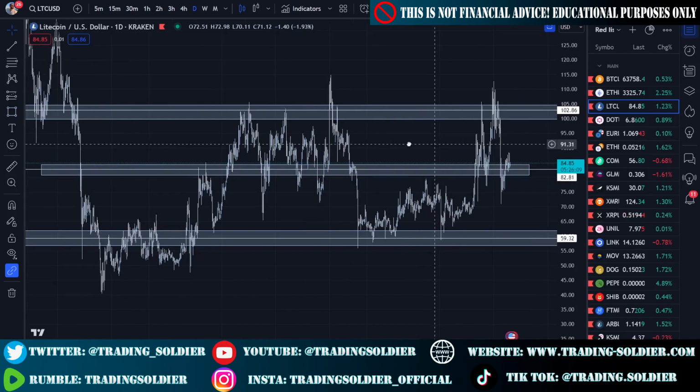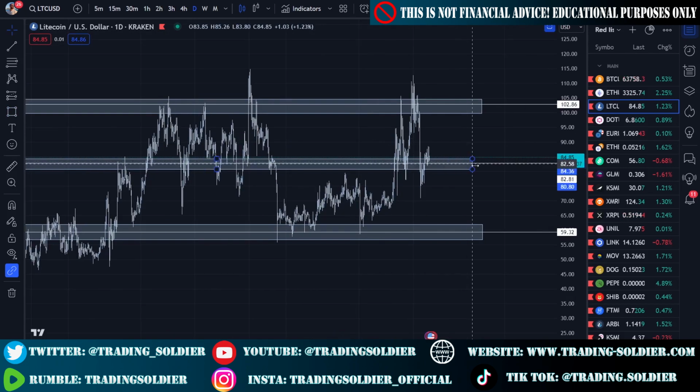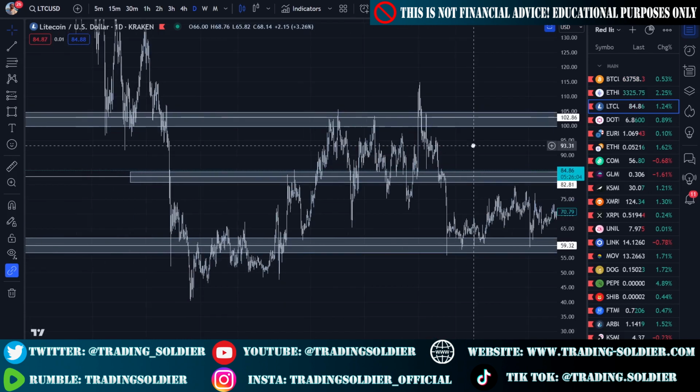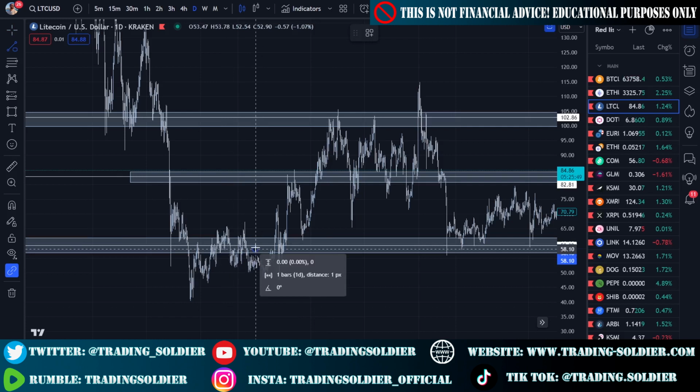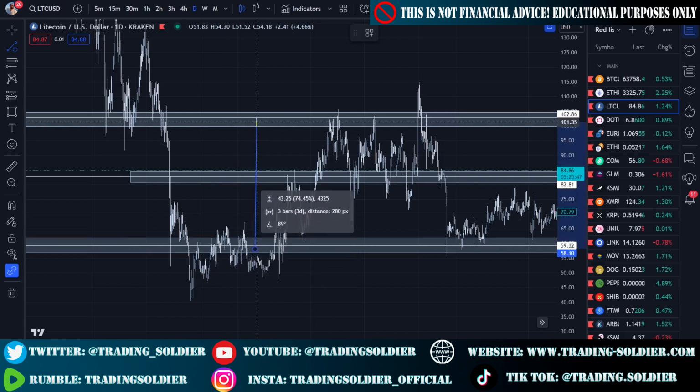This is the same principle here, but if you bought in the demand area back in 2022 and you sell in the supply area, you are making a lot of profit, because even if you bought here and sold here, you're making 74% profit.